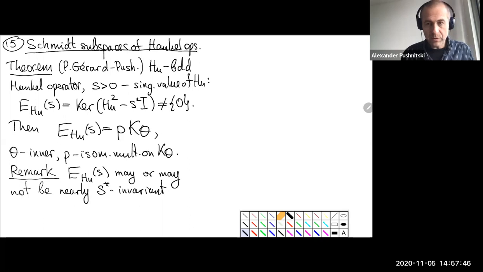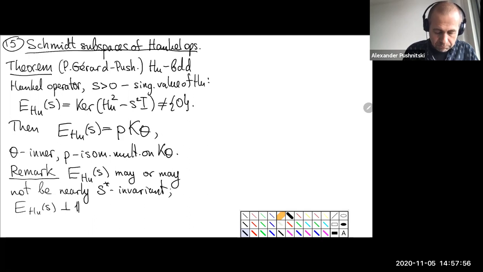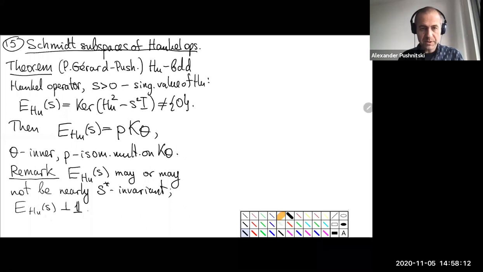And if they're not S star invariant, this happens because it may happen that they're actually orthogonal to 1. There is an example in the lecture notes, a very simple rational function, where you have exactly this situation. You can actually compute it and see that the corresponding Schmidt subspace is orthogonal to 1.